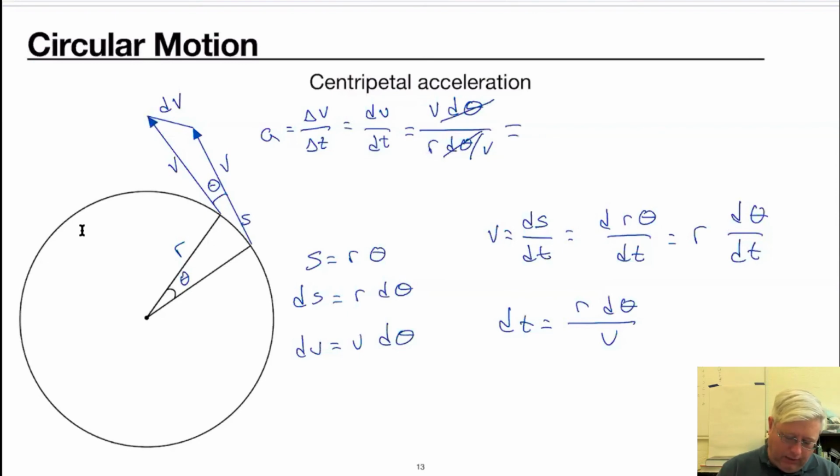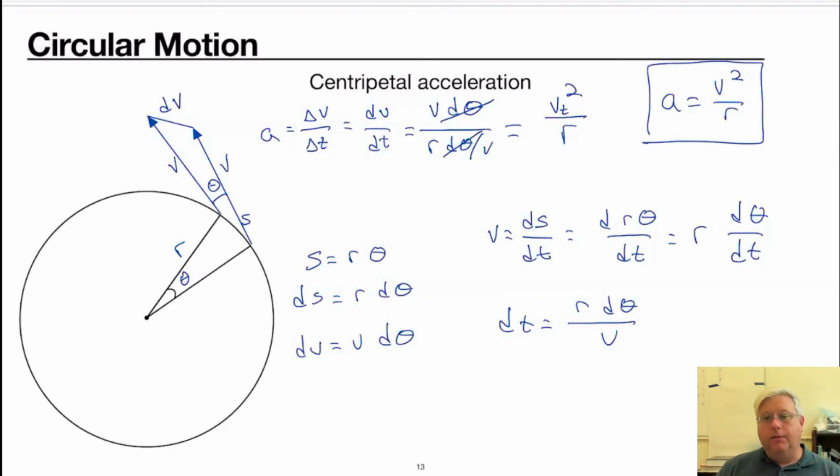Our v moves up to the numerator, that'll give us v squared over r. So the centripetal acceleration is v squared over r. This is technically the tangential velocity. Okay, a equals v squared over r.